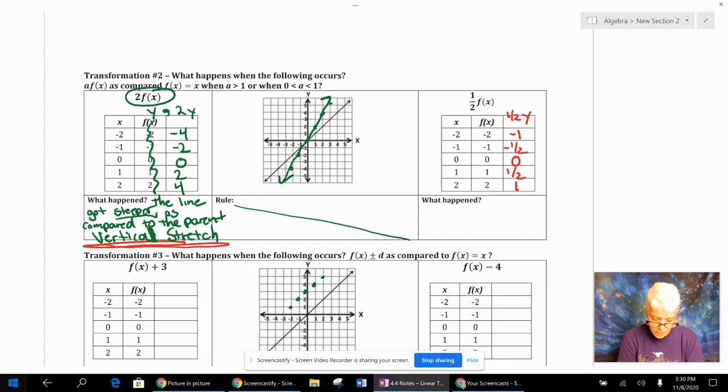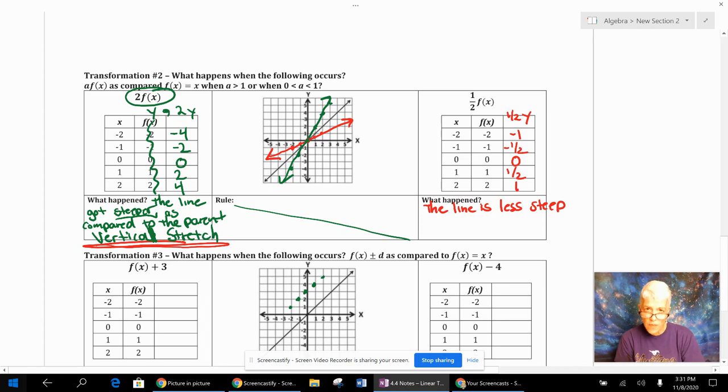So -2, -1, -1/2, 0, and then 1/2, and then 2 and 1. So what is happening now? If you look, the line is less steep.